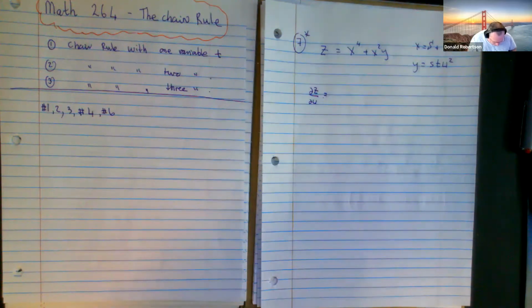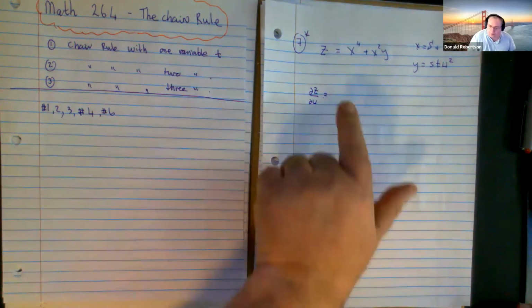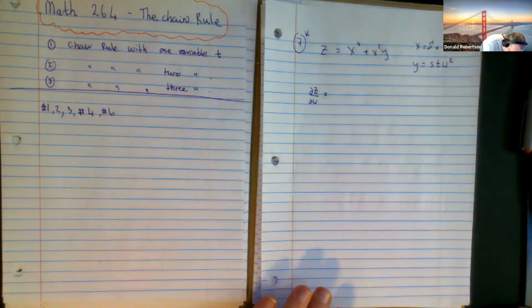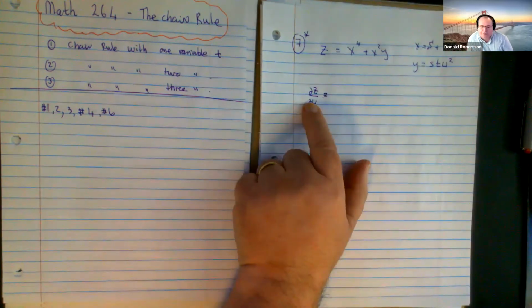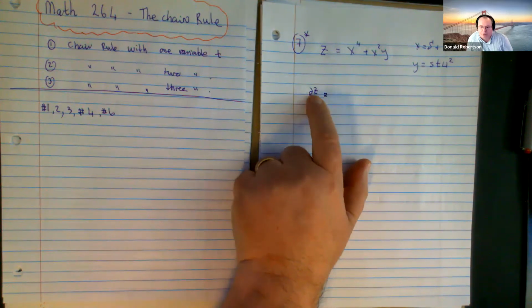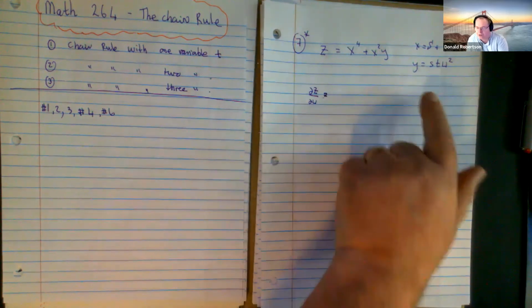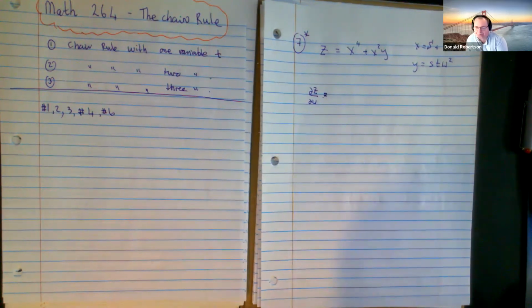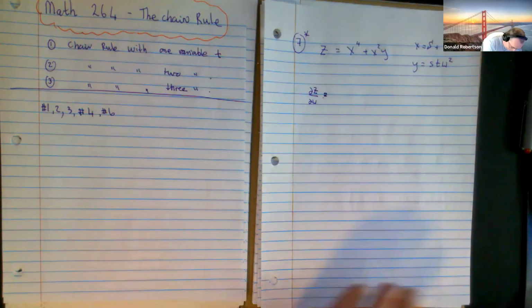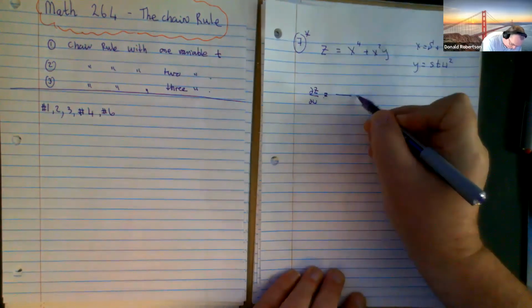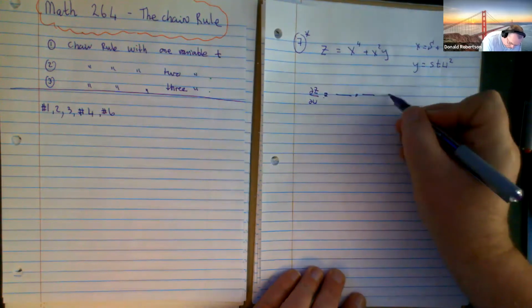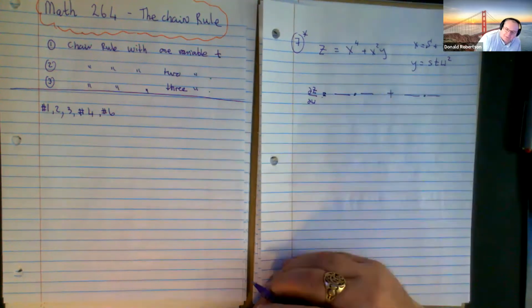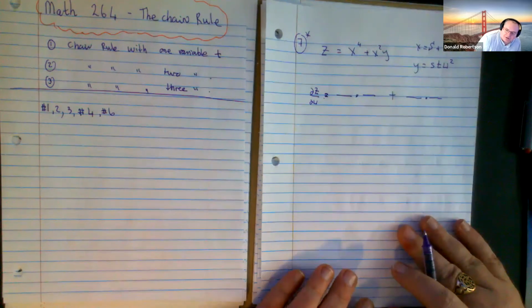So the key to doing these is making sure that you've got the right formula. I'll take a volunteer. Anybody want to tell me what the partial derivative dz by du would look like in this combination? Any takers?